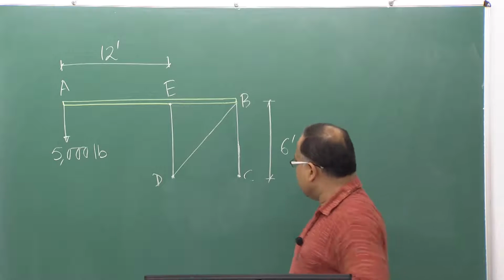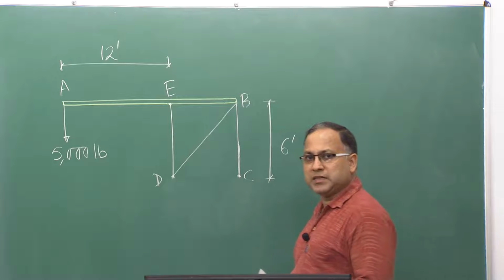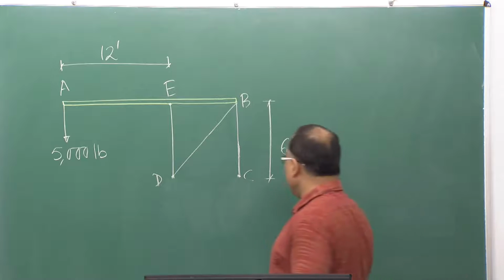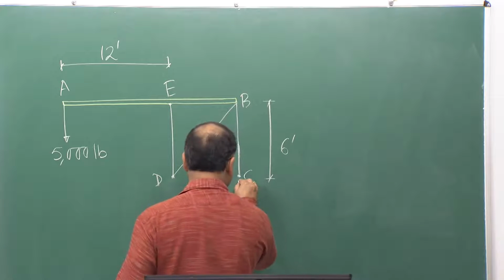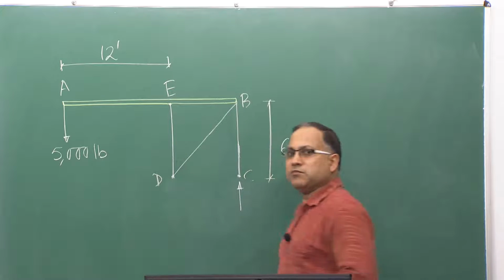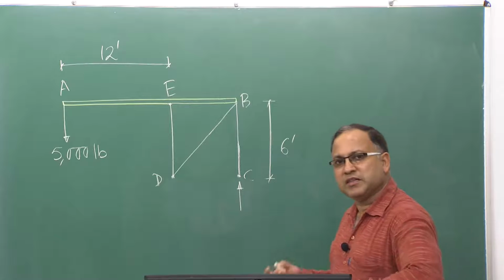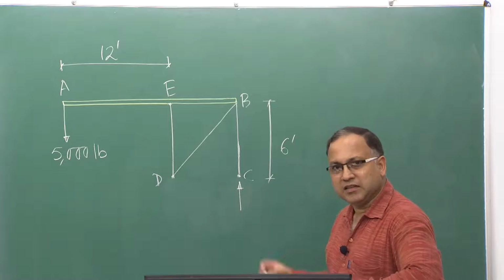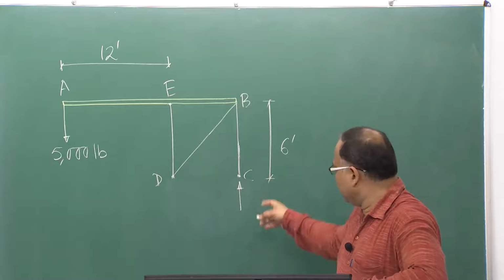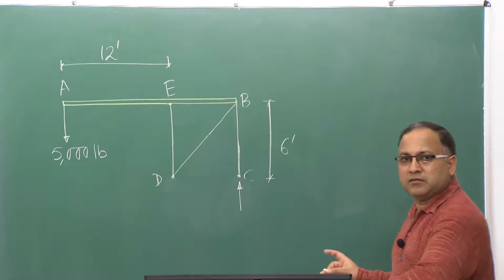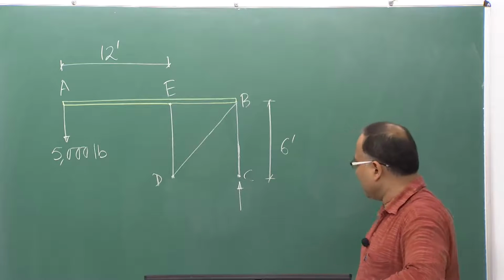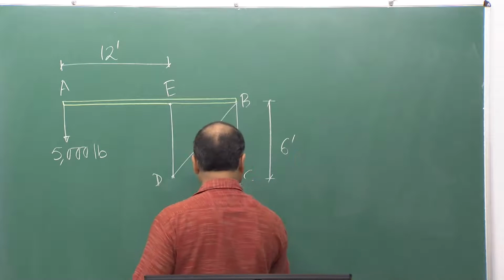Therefore, the reaction developed at point C will be simply vertical. We are not going to discuss much about this, because we have already discussed in detail why you will be getting only the vertical reaction. Okay. So, that I am saying RC.